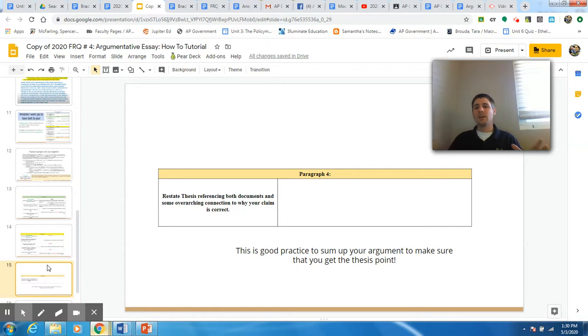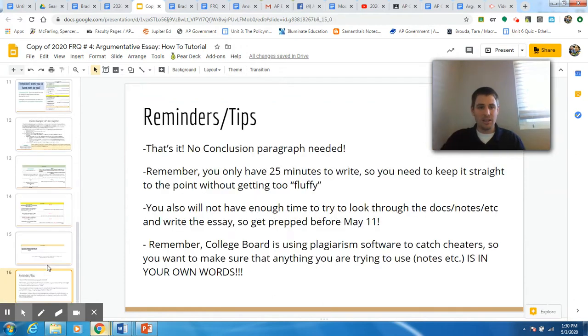Whatever that is, your thesis statement, you're going to combine the documents, create an overarching goal that they have, what connects them, and then your documents A and B are going to be more detailed and explain how they connect to your thesis. So that's it.